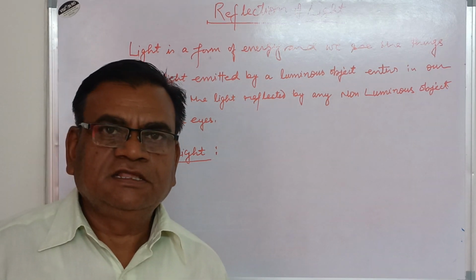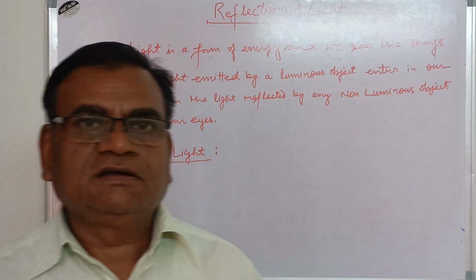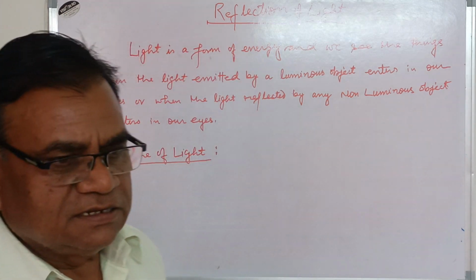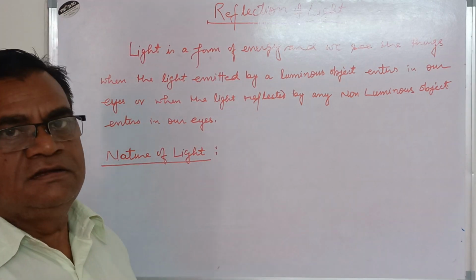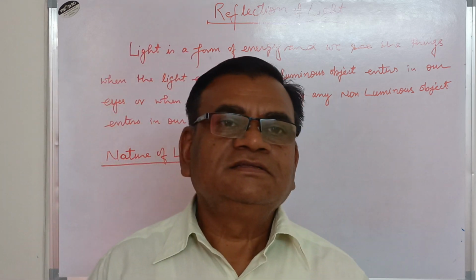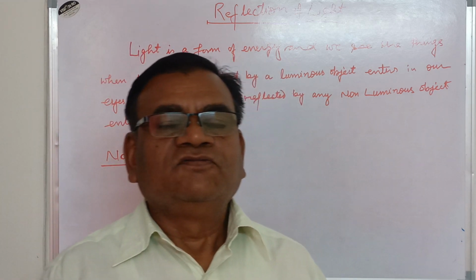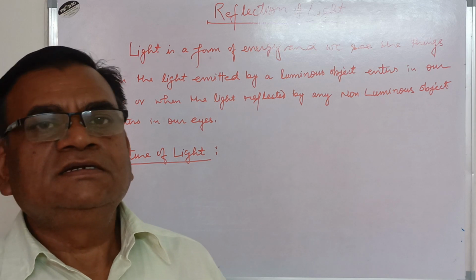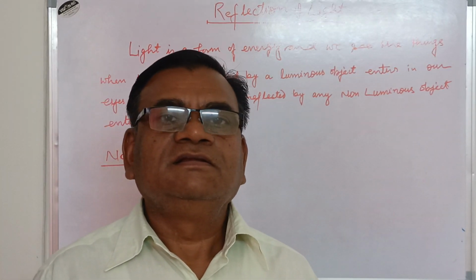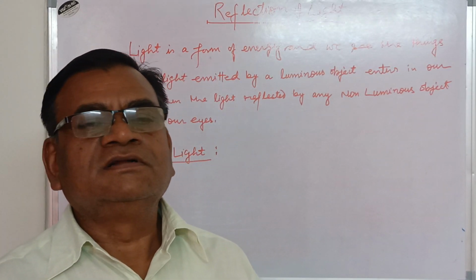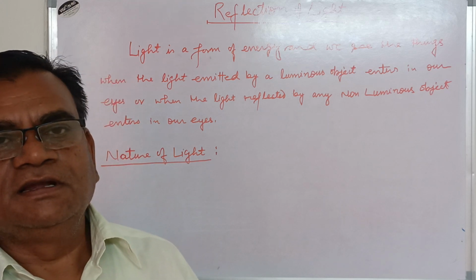There are three theories about the nature of light. तीन सिद्धांत हैं. एक है तरंग सिद्धांत, wave theory of the light. Second is the particle, कण सिद्धांत, particle theory of the light.